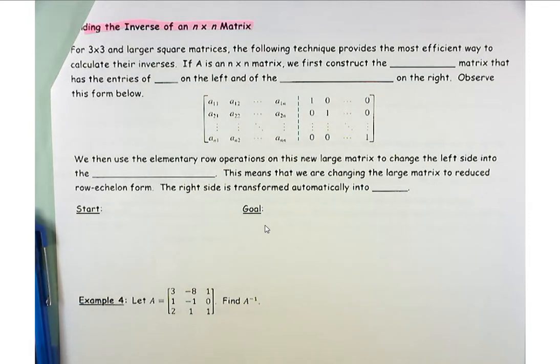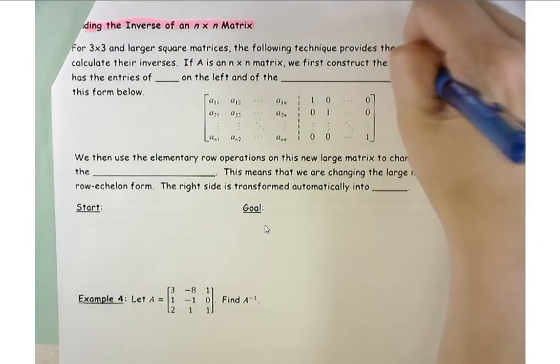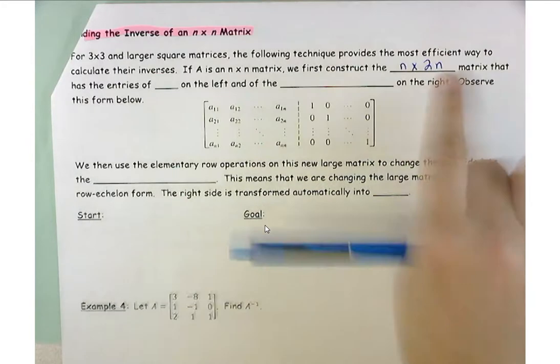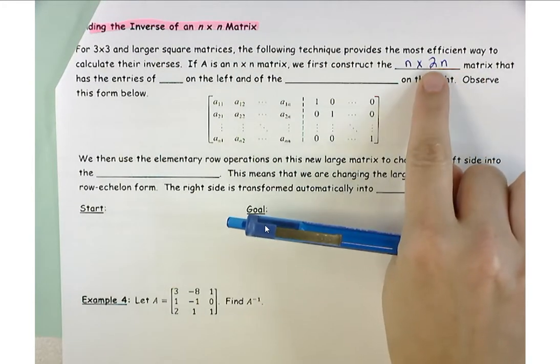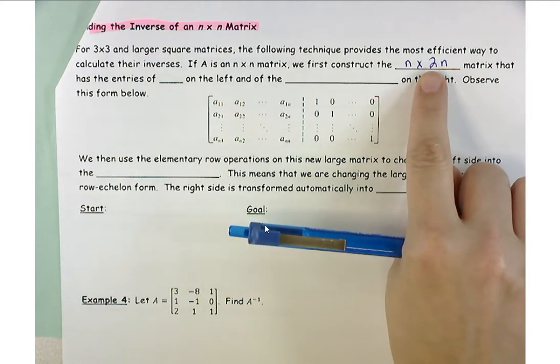And that's obviously without using a calculator. So if you have A is an n by n matrix, the first thing that you do is construct the n by 2n matrix. So really what's happening is you're doubling the size of that.